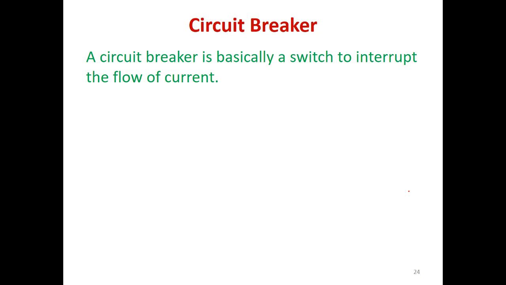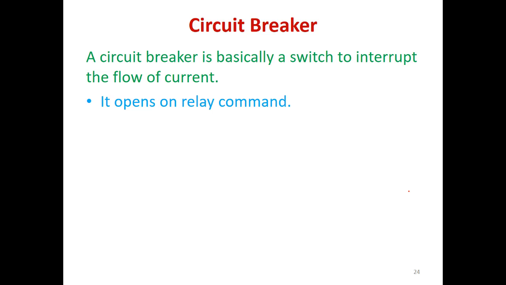Then the last component is a circuit breaker. A circuit breaker is basically a switch to interrupt the flow of current, because during a fault high current flows, so we should isolate the faulty part of the system. In order to isolate that, we need to interrupt the flow of the high current.